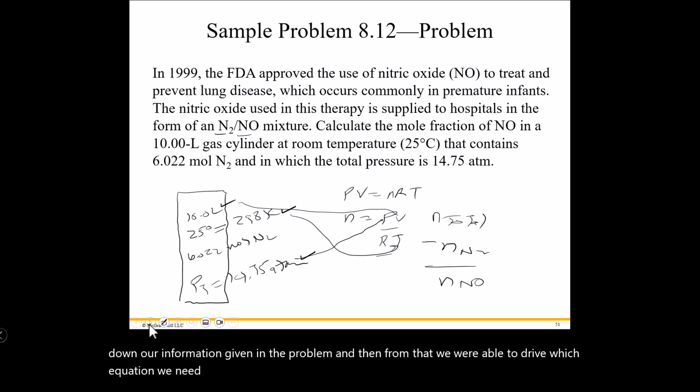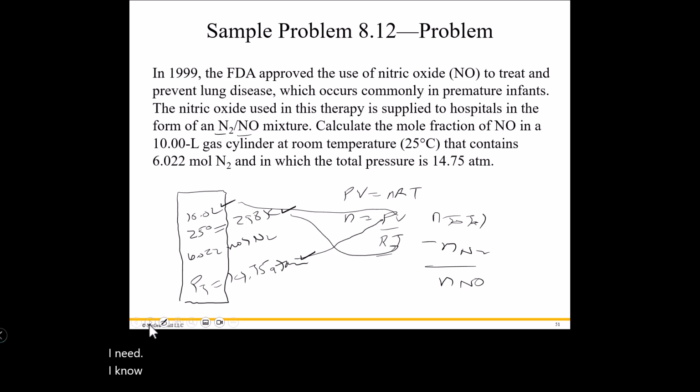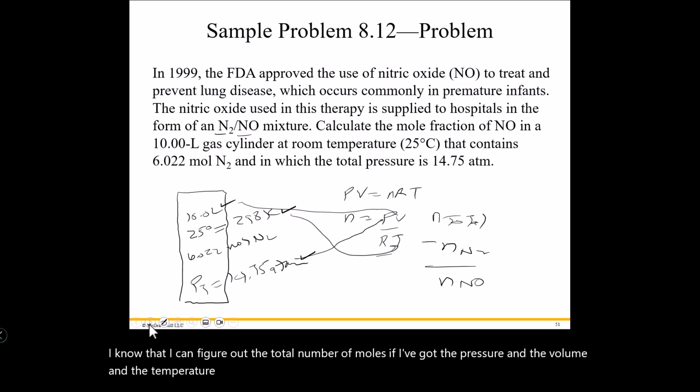Here it's really good to draw a picture because you're still pulling out the information from the problem, but then you got to start thinking, well, I know that I can figure out the total number of moles if I've got the pressure and the volume and the temperature. And then I've got the moles of nitrogen, so if I subtract off the moles of nitrogen, I'll get the moles of nitric oxide.